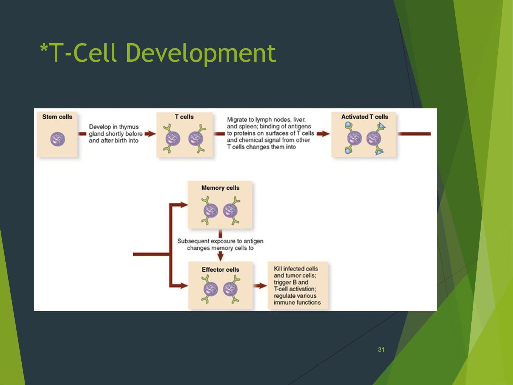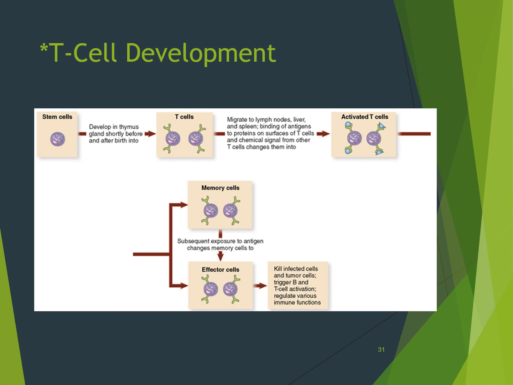The T cells are a little bit different. T cells produce something called cell-mediated immunity. This means it does not act or work by producing antibodies. It attacks the invader directly.